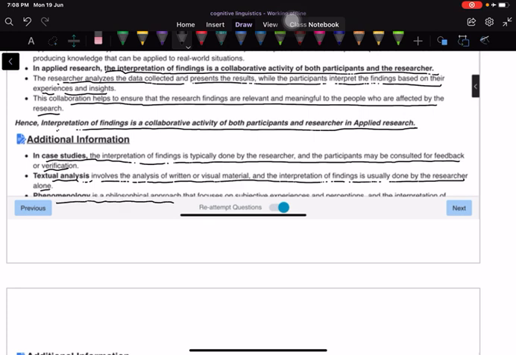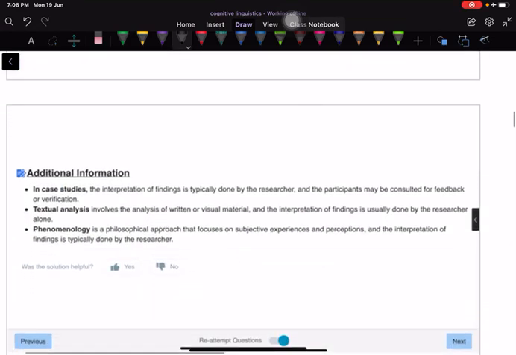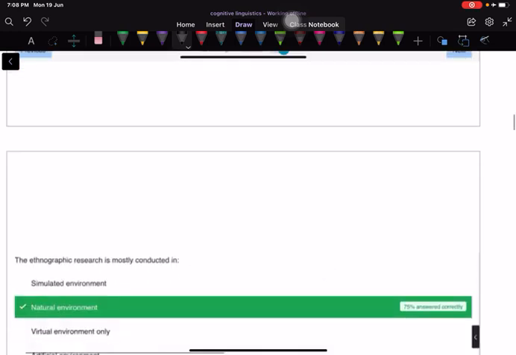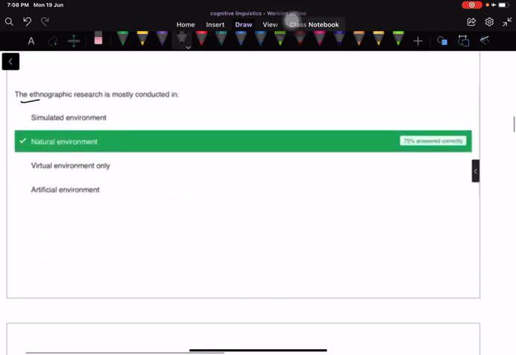Phenomenology is a philosophical approach that focuses on subjective experiences and perceptions, and the interpretation of findings is typically done by the researcher.